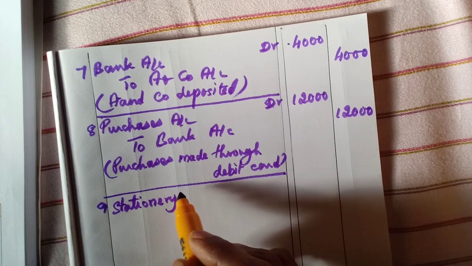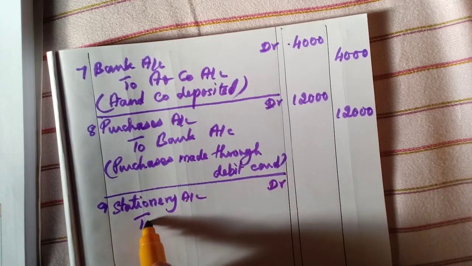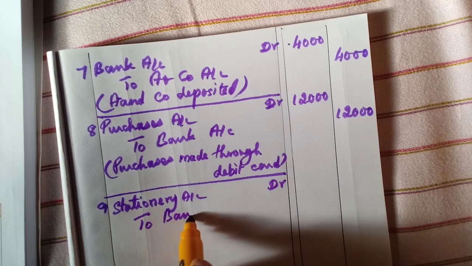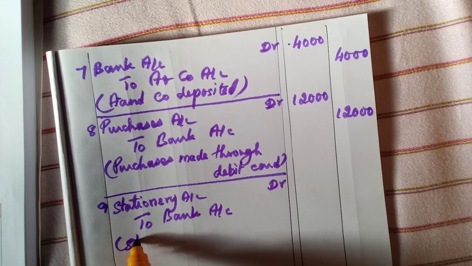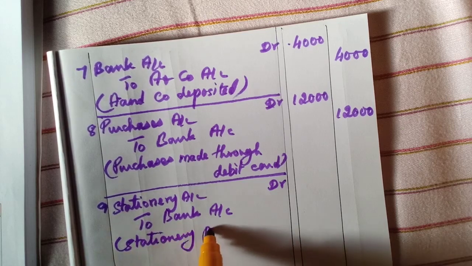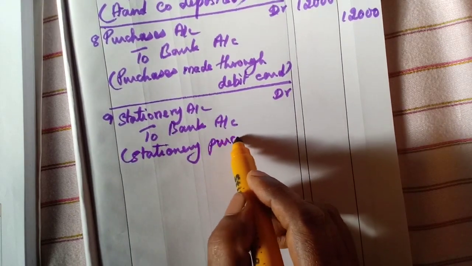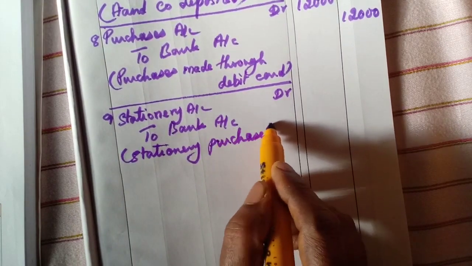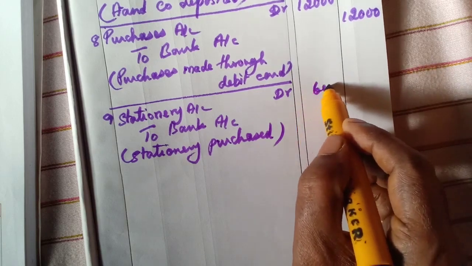Okay, so stationery account debtor to bank account. Stationery purchased. $6,000.